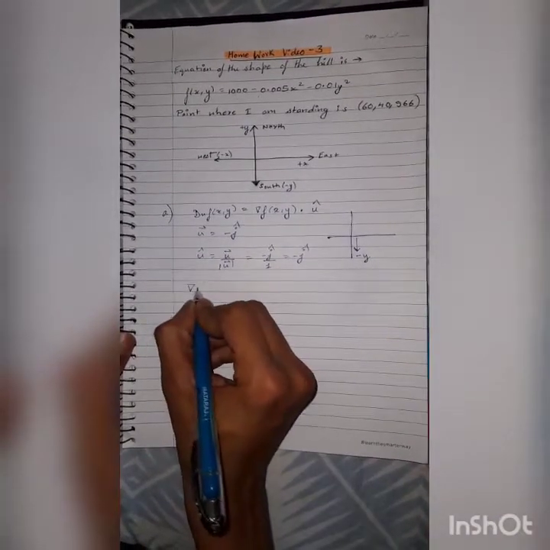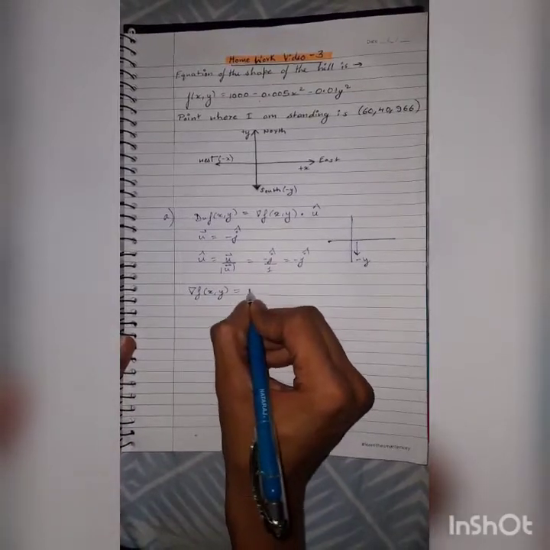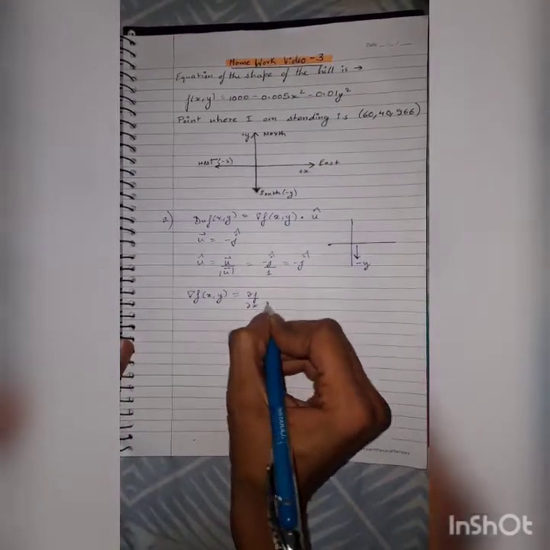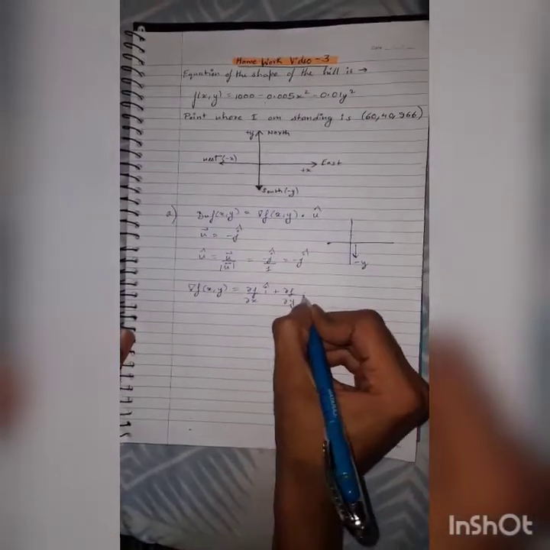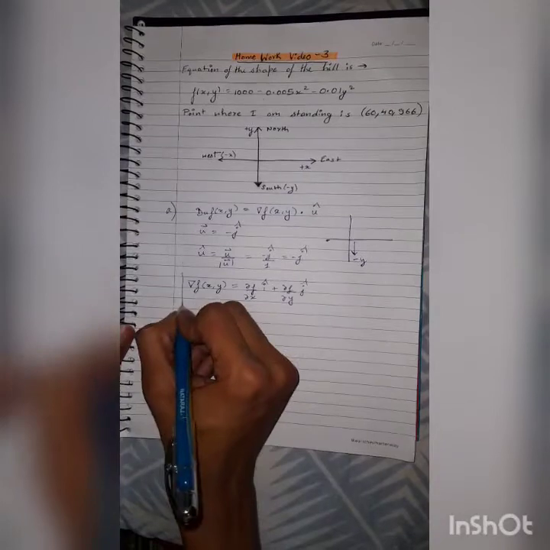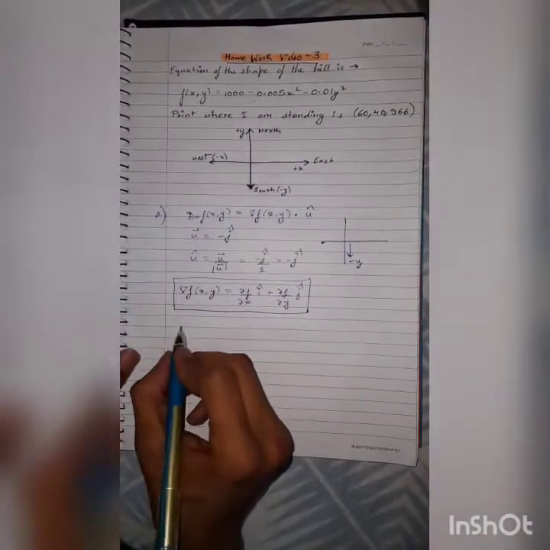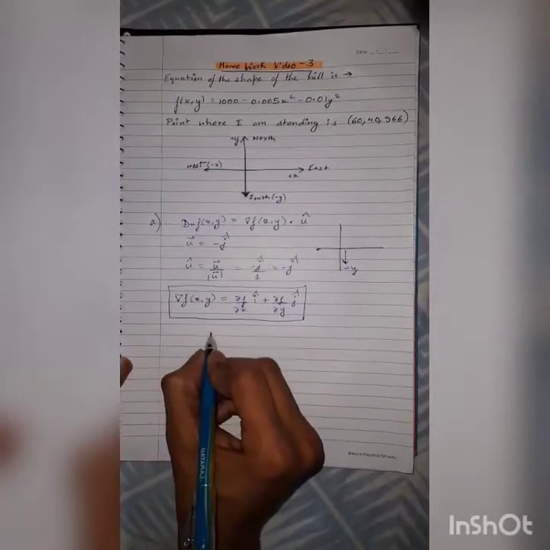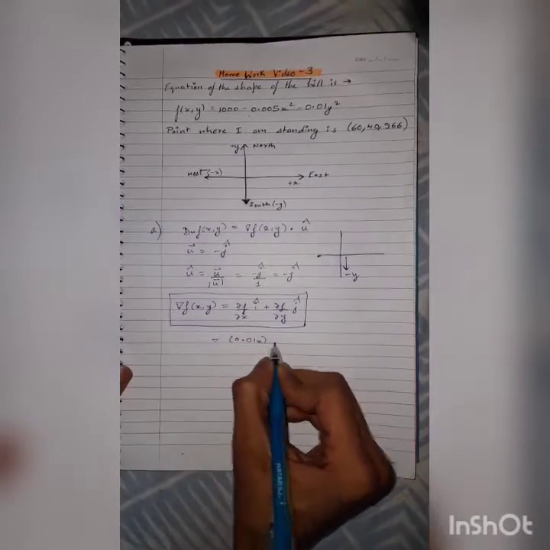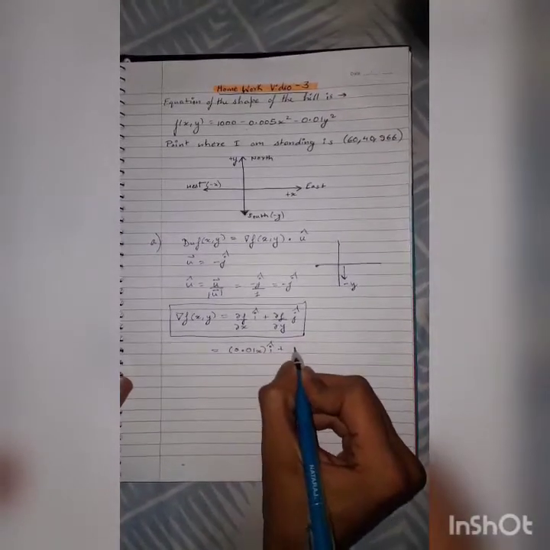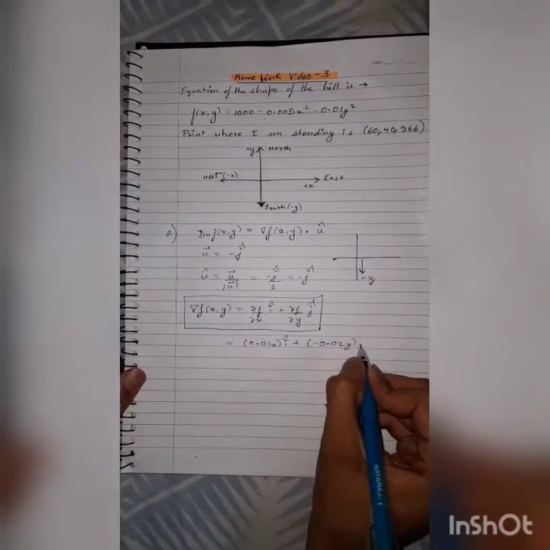So here we know the general formula to find the gradient, that is ∂f/∂x along i cap plus ∂f/∂y along j cap. This is the general form of the gradient vector. In this case, this will be -0.01x i cap plus -0.02y along j cap.